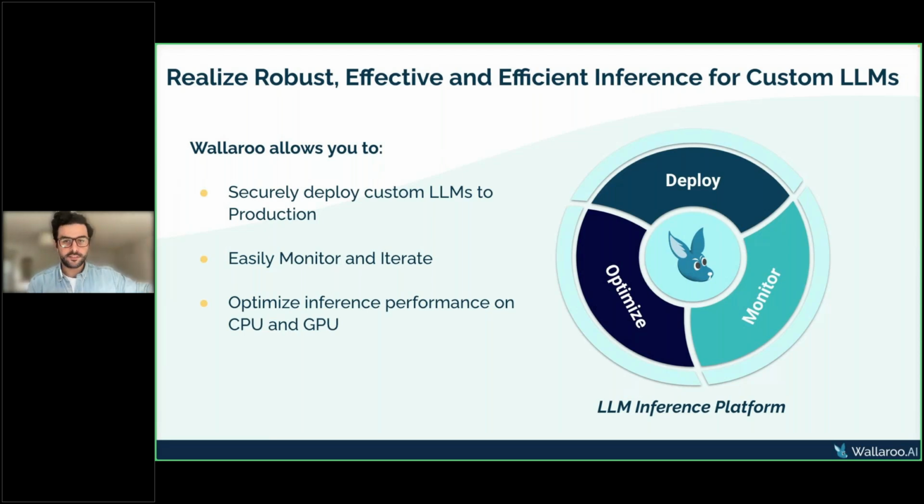Think power, think GPUs, think x86, whatever is available. How can you maximize the utilization of that infrastructure without necessarily biasing towards a single one of them, to get the optimal inference performance out of your LLMs? Next slide, please.